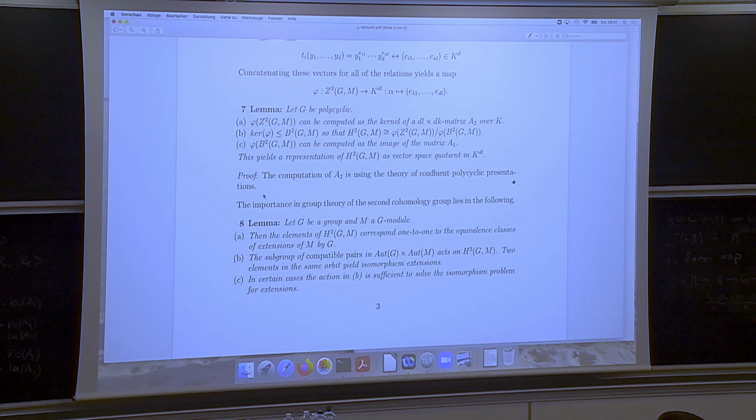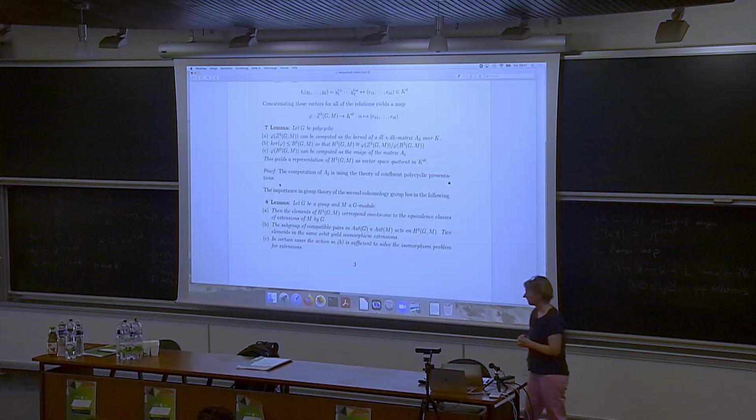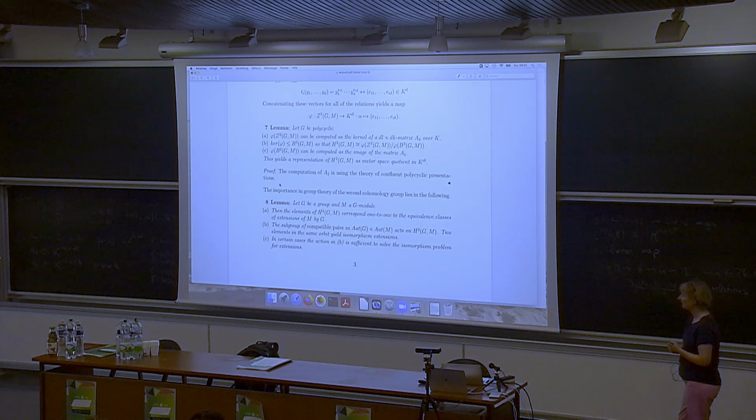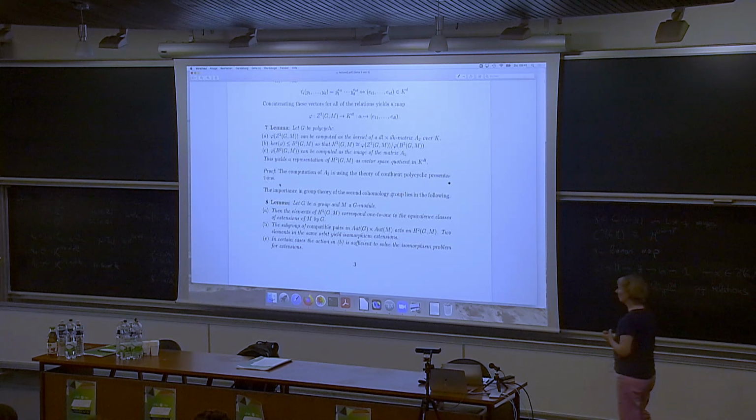This subgroup of compatible pairs then acts on H2. Two elements in the same orbit of this action yield isomorphic extensions. So this is a feature that you can use, in this game of constructing extensions, to reduce from equivalence classes to somewhat smaller output that eliminates a number of isomorphic copies right away.